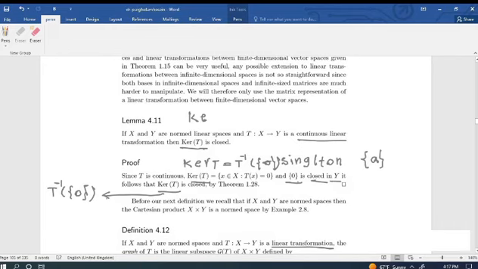Let me define again the kernel of T. This is the set of all x in X such that T of x equals 0.